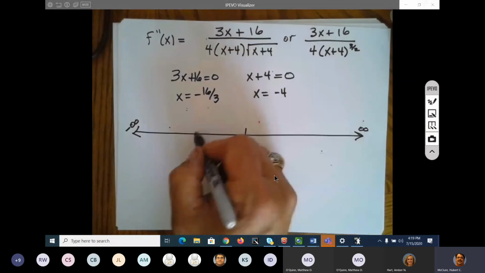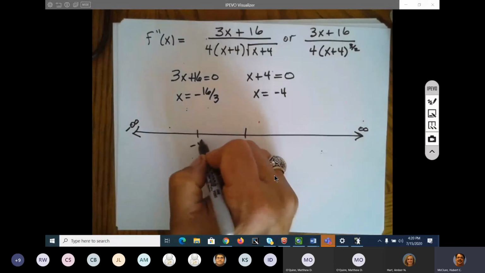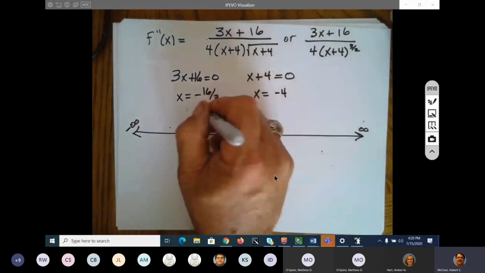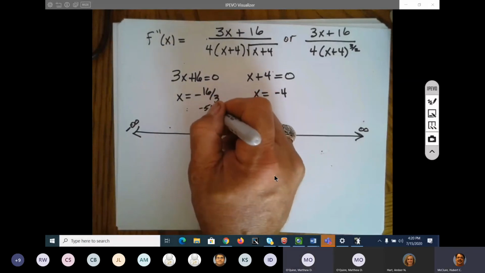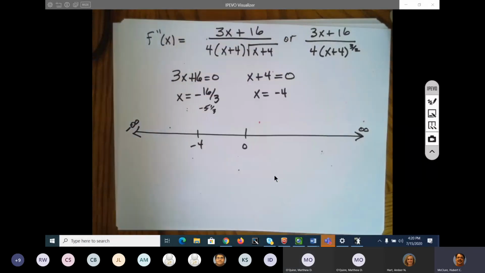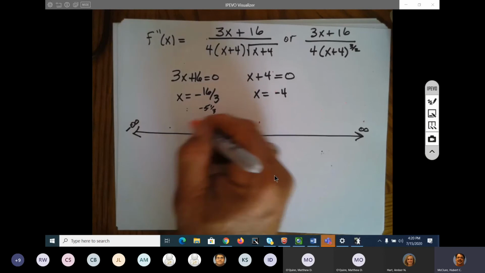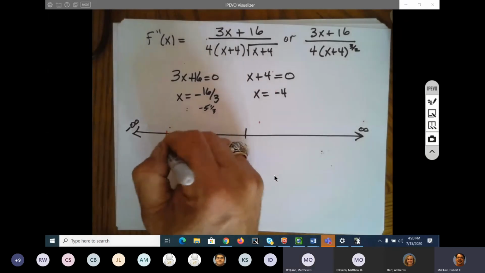Let's see, this is negative 4. Wait a minute, that's negative 5 1/3, isn't it? So it belongs down here with the nasties. So that's down here, negative 5 1/3.